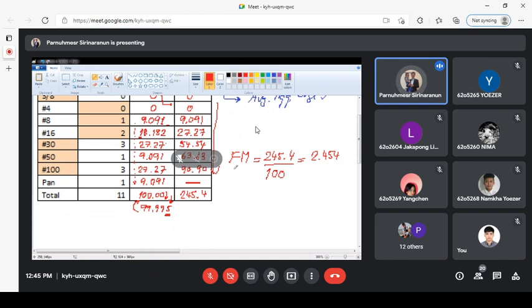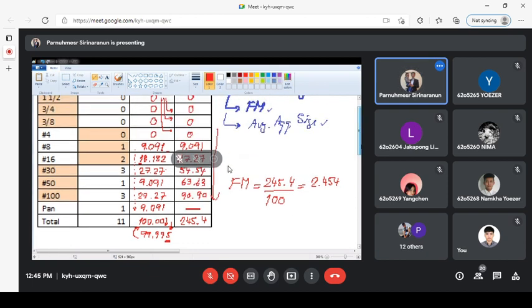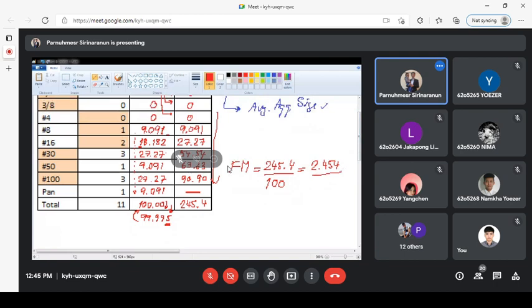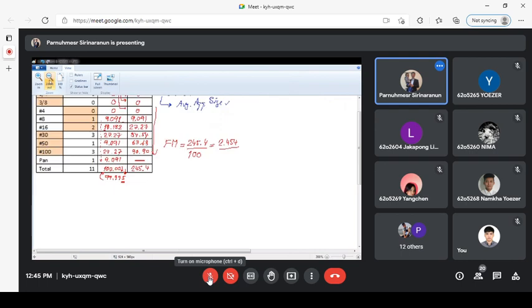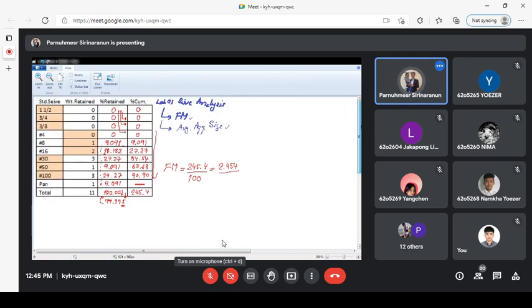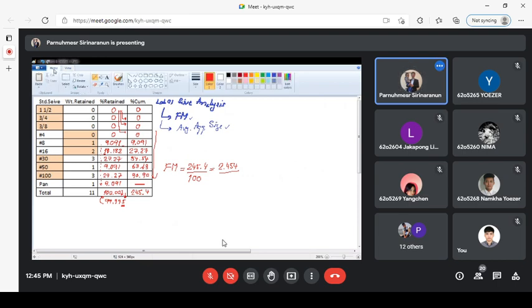Is this number in the table or not? You know already that when you get the finite product, that is written on each sieve. What is the average aggregate size? It should be, that's right, from the last skin. Yes or not?